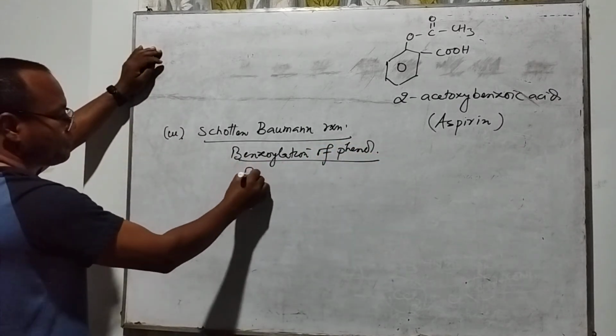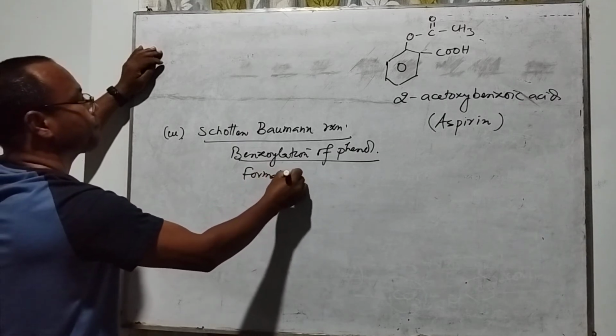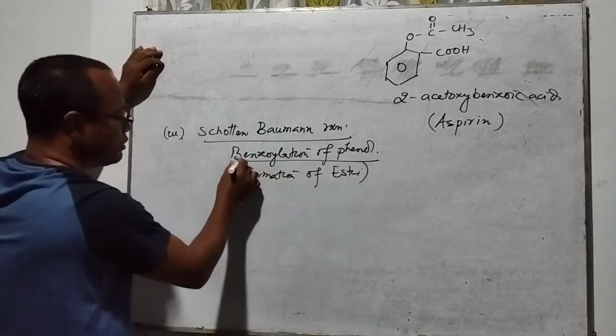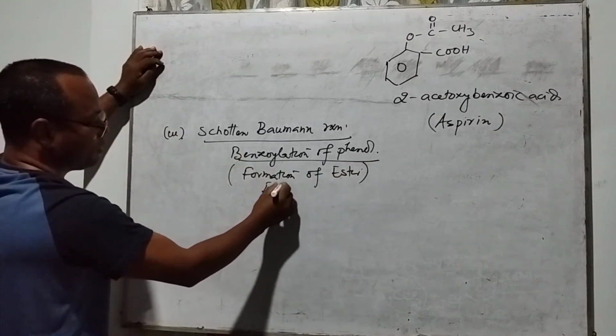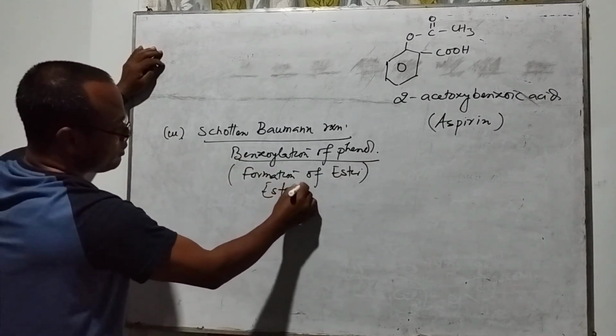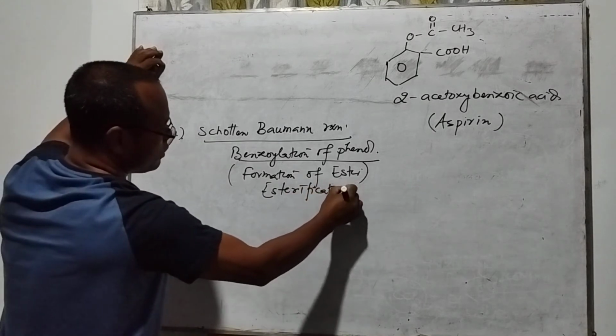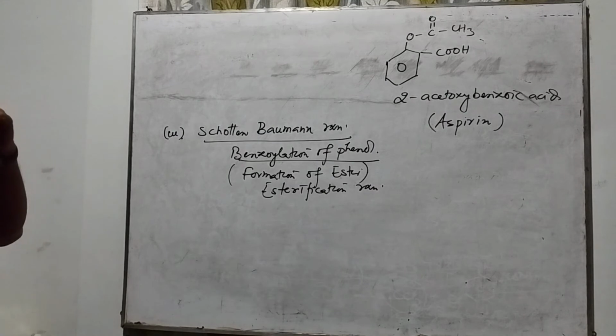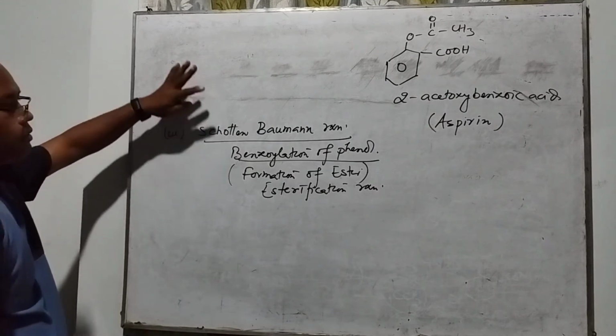Now here is the formation of the ester. So that means we can say esterification. This is also one of the reactions called esterification reaction. Now how does the benzoylation of phenols take place?